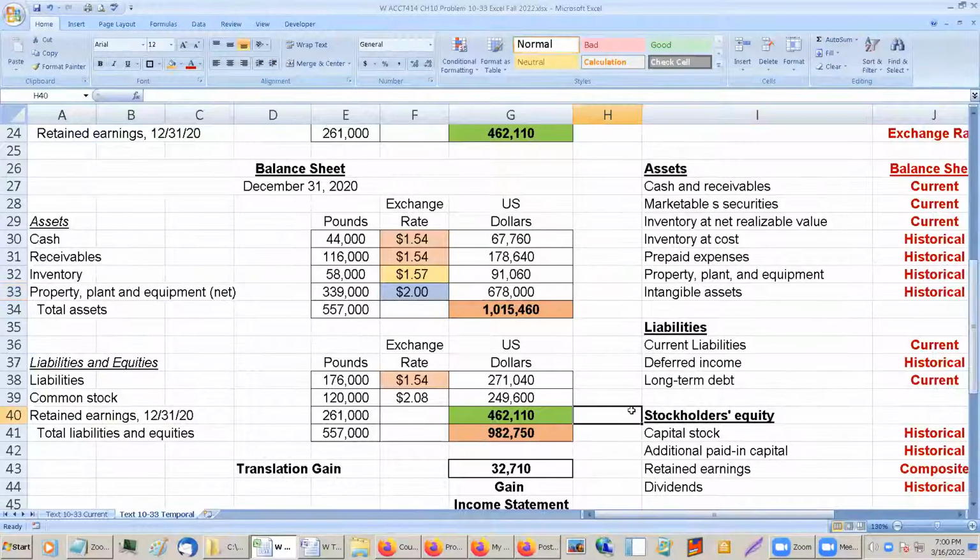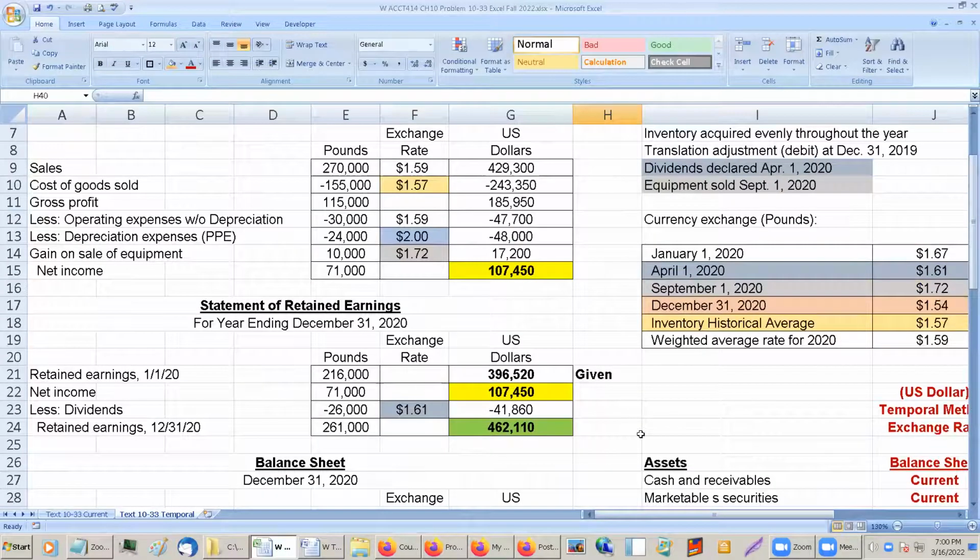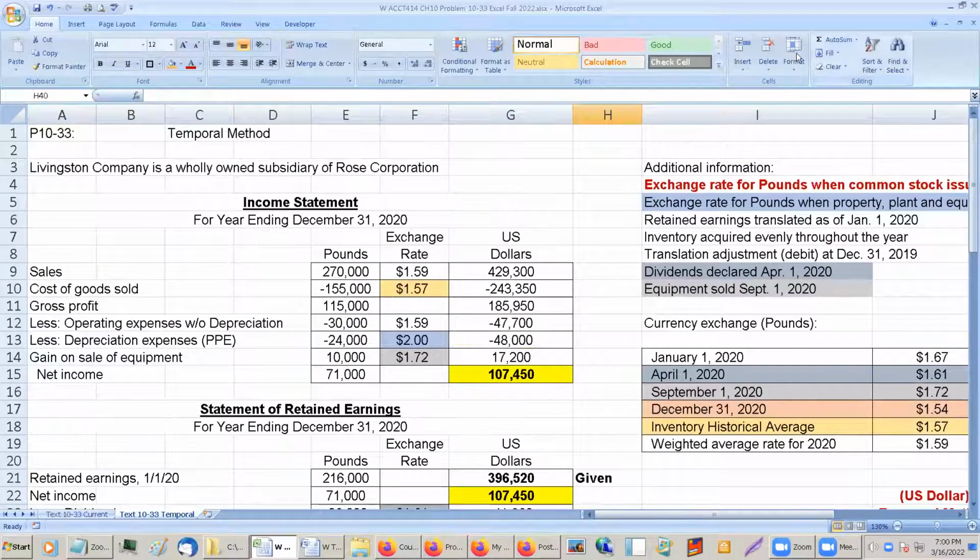All right, any questions? And again, it kind of seems like the currency exchange and the consolidations are completely different things, but a lot of times the subsidiaries are consolidated, they have consolidated financial statements.